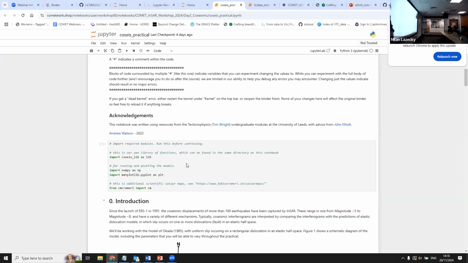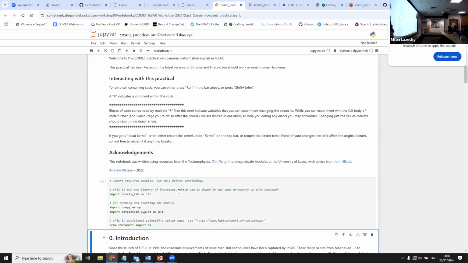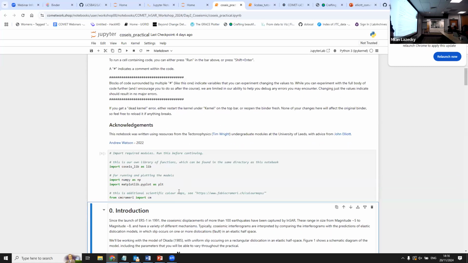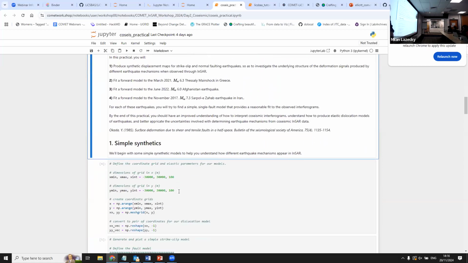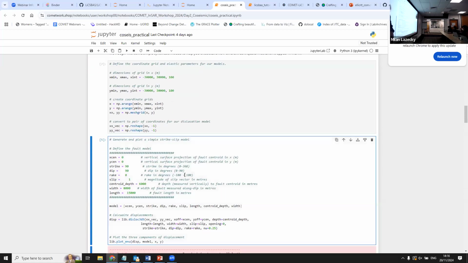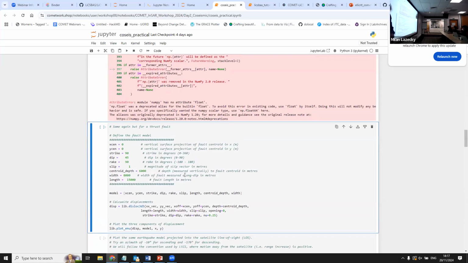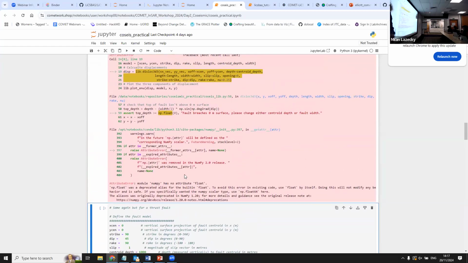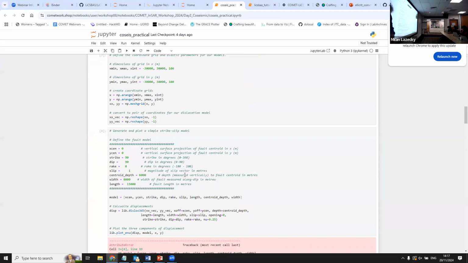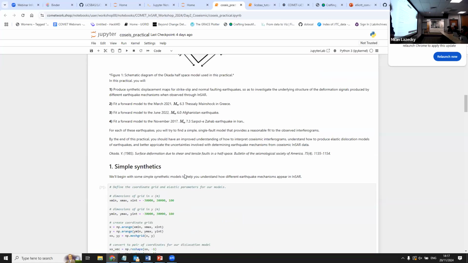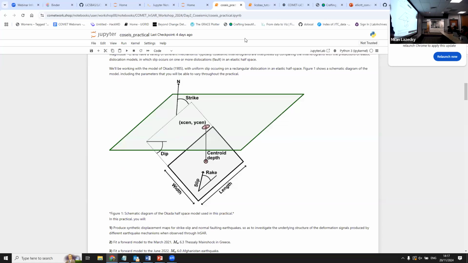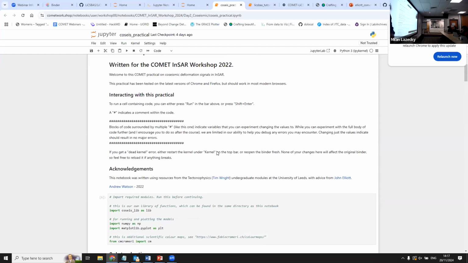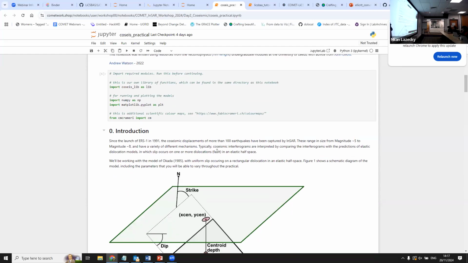Okay, I don't seem to have... NumPy does not have float. Oh, are you all having the same problem?